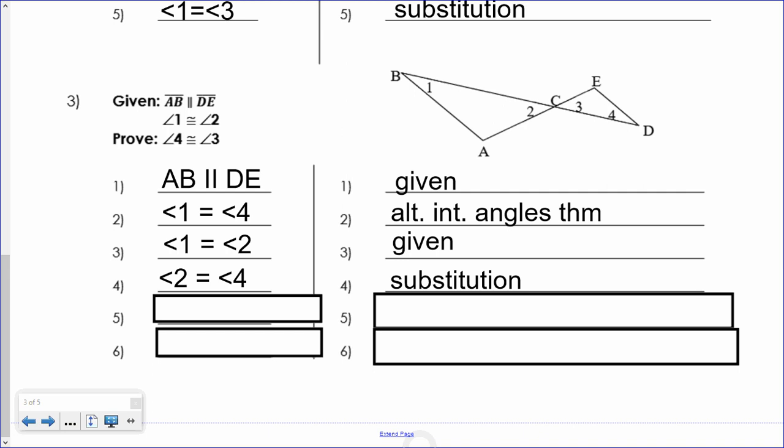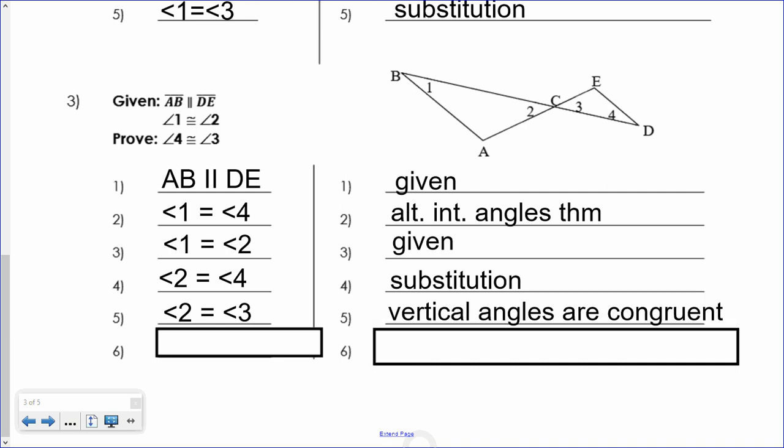Okay. Does everybody follow? All right. Now what? Angle 2 and angle 3 are congruent. Why? Vertical angles are congruent.